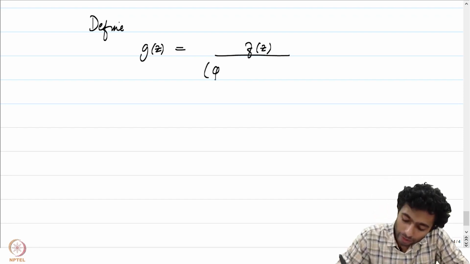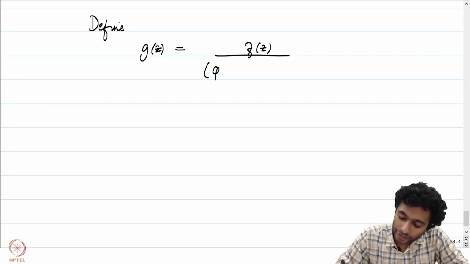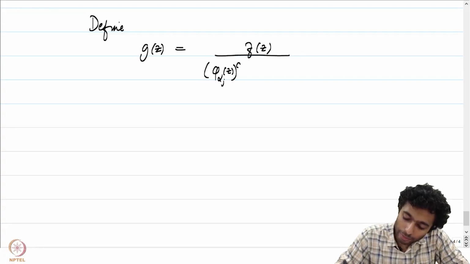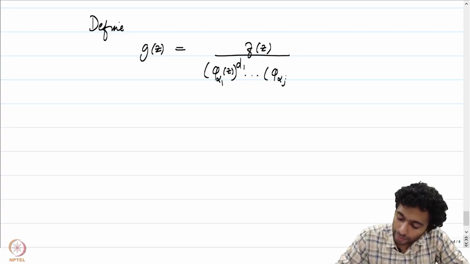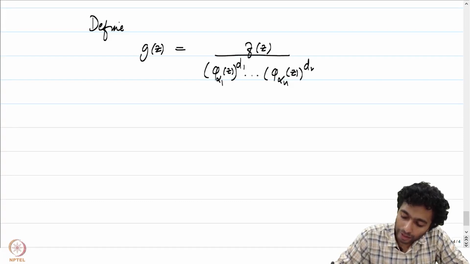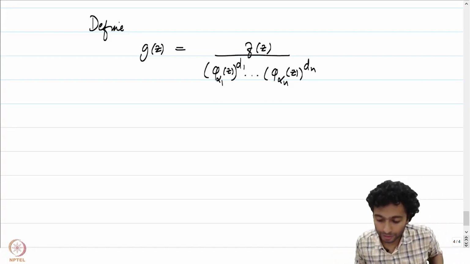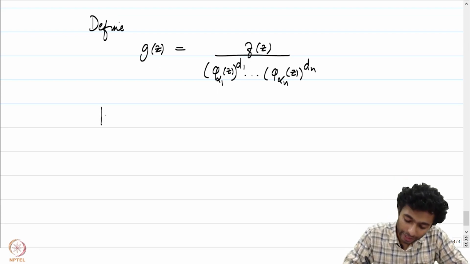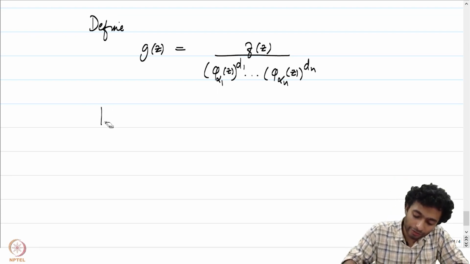Now if you look at the function g of z, f of z divided by phi alpha 1 of z to the power d1, all the way up to phi alpha n of z to the power dn. If you consider this function, the first observation would be that g of z is a meromorphic function.